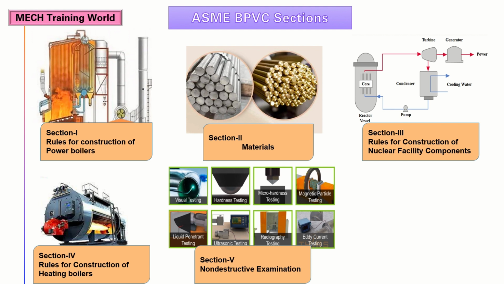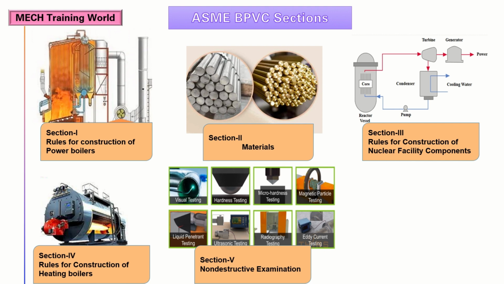Section 8 gives the acceptance criteria, what is the acceptable length of that particular porosity defect, like 1 mm, 2 mm, like that they will mention in Section 8. Now I hope you are getting my point. Section 5 only gives you the procedure for that particular operation, but these design codes give acceptance criteria.